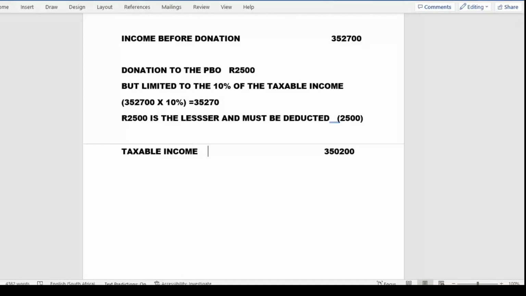If our donation was 35,270, and then the adjusted amount was, let's say, 3,000 rand, we were going to say minus 3,000 here. We are always taking the lesser between the adjusted taxable income and the donation made.